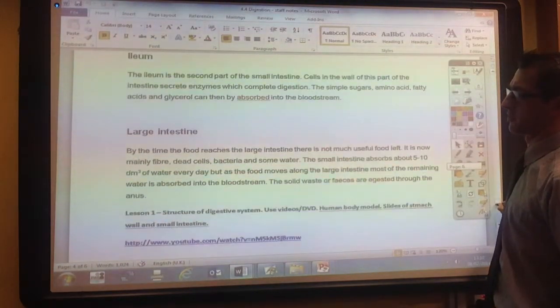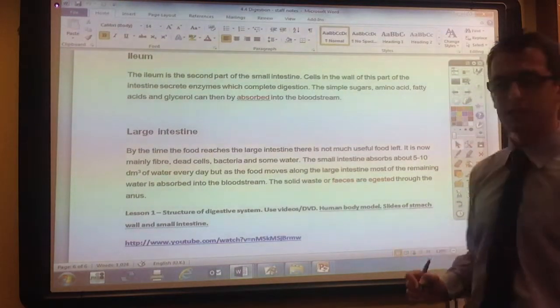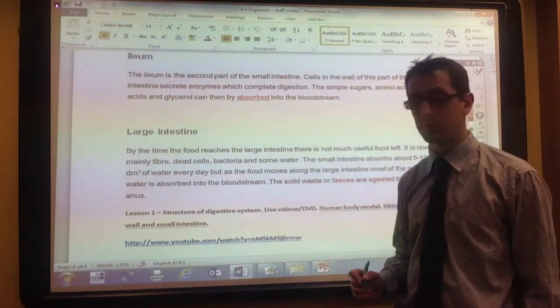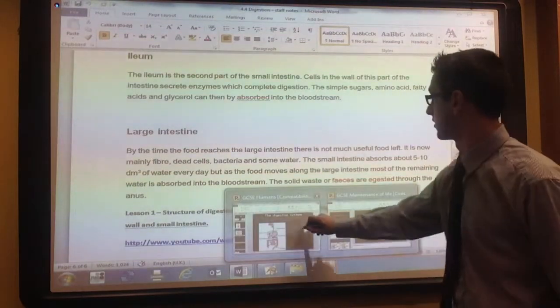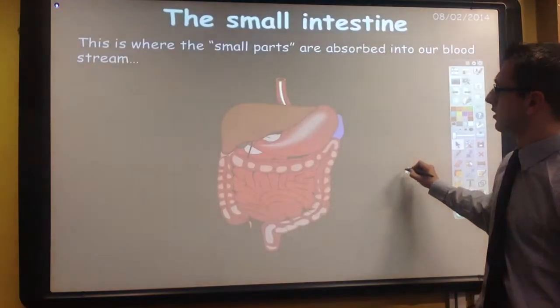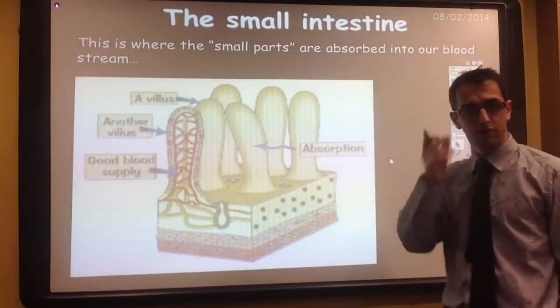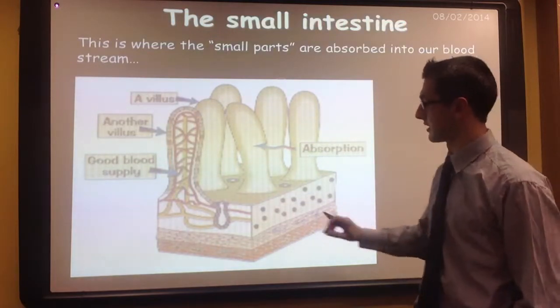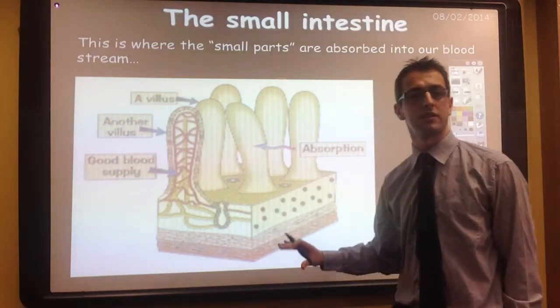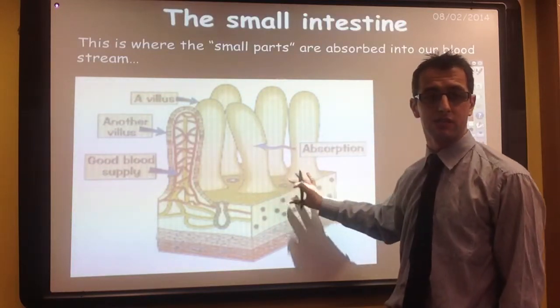Once the food has passed the duodenum, it goes into the ileum. And the ileum is where most of the absorption takes place. So here is your digestive system again. If we focus in onto the small intestine, we can see that it, again, just as the lungs did in breathing, has an increased surface area.